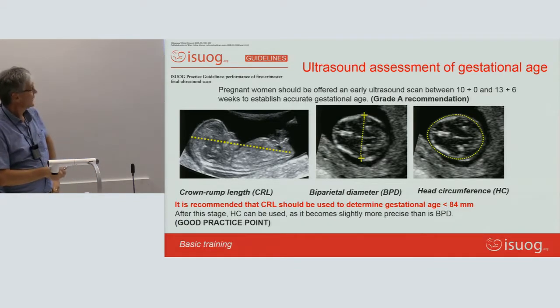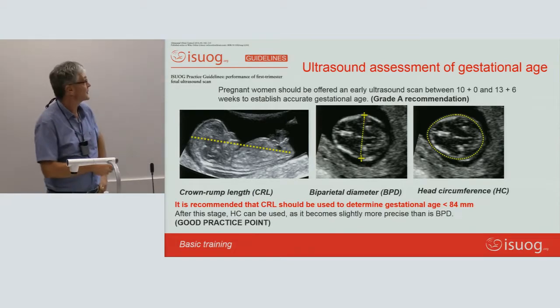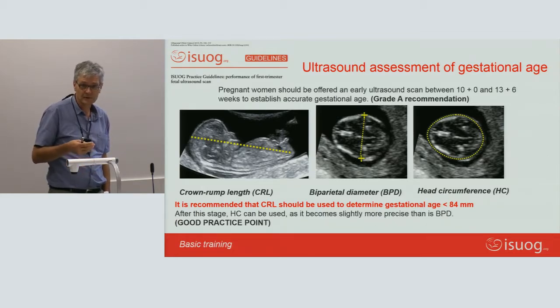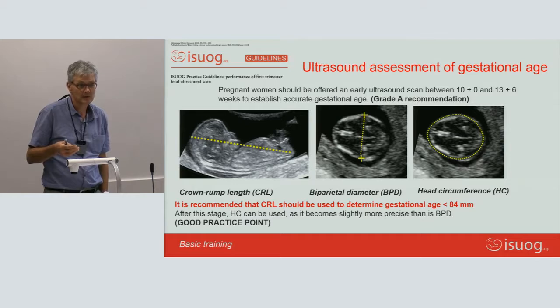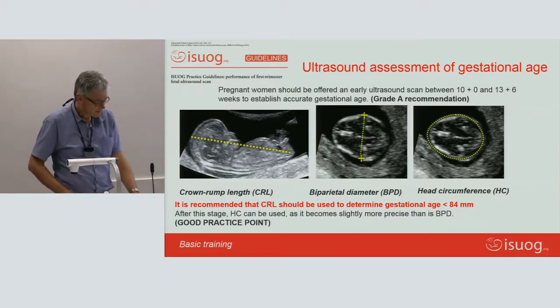Right, now, a grade A recommendation is that pregnant women should be offered an early ultrasound scan between 10 and 14 weeks to establish gestational age. Of course, there is a little bit of a twist in the tail, because how do you know she is between 10 and 14 weeks if you haven't done a scan to establish the gestational age?